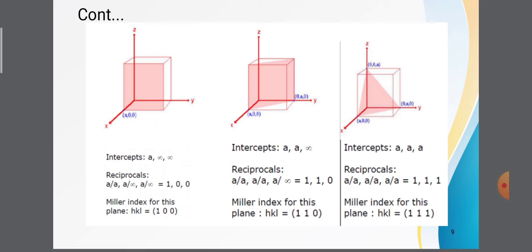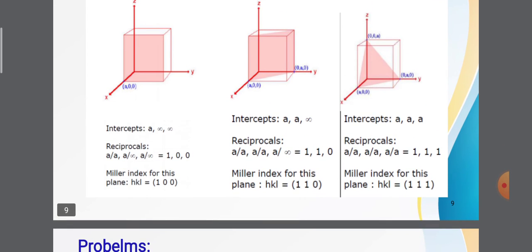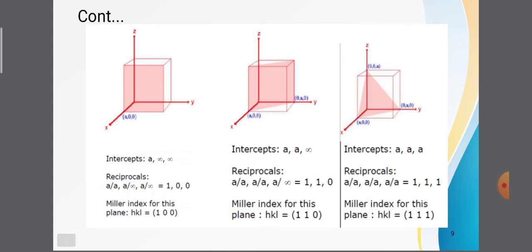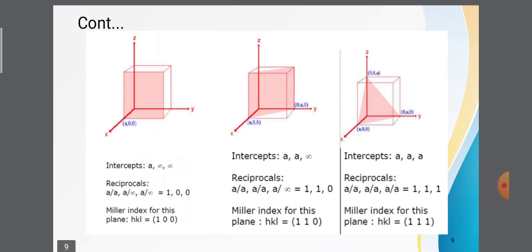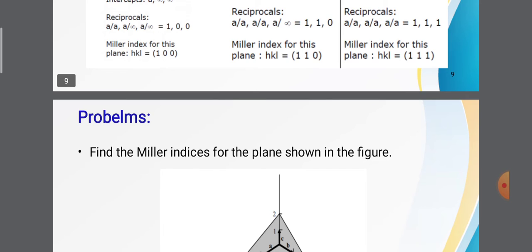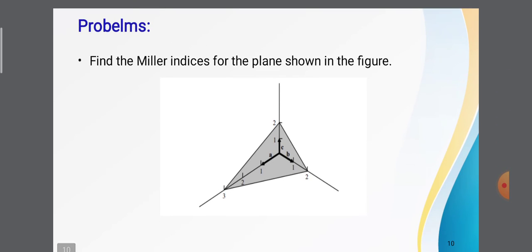Second example, the intercepts are 1, 1, infinity and taking the reciprocal, we get Miller index 110. And third example, the intercept lengths are a, a, a, and taking the reciprocal, we get the Miller index 111 for this plane. Next we have to find the Miller indices for the plane shown in the figure.